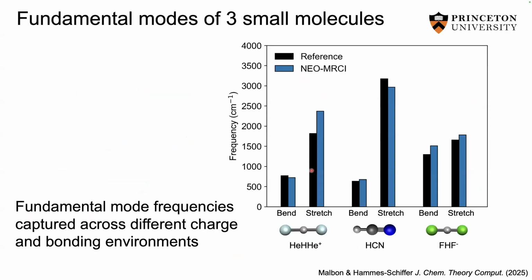If we look at how it's doing for the fundamental frequencies, we saw that for helium H helium, the stretch was a little bit off by a few hundred wave numbers compared to the exact reference theory. Here, looking at three different systems, we see that it is capturing the fundamental mode frequencies correctly in a variety of small molecules, both for a terminal hydrogen and an internal hydrogen, in positively charged, neutral, and negatively charged molecules.